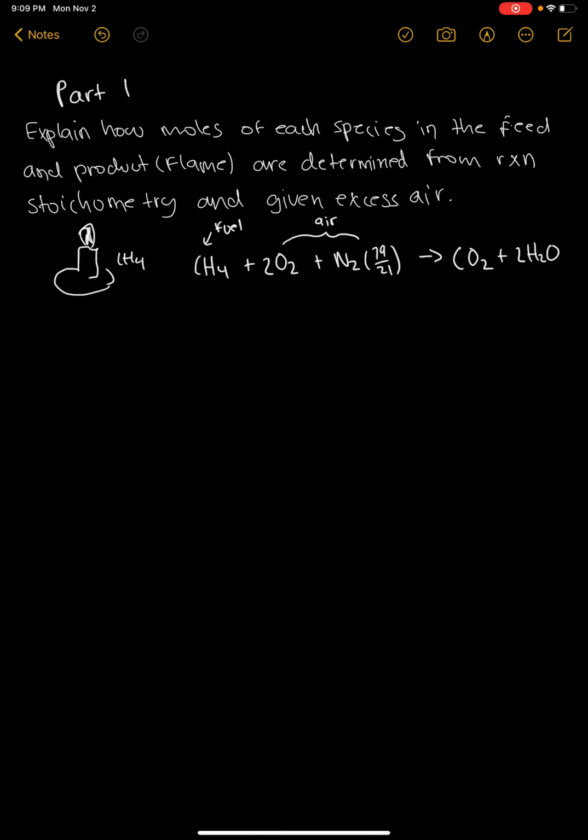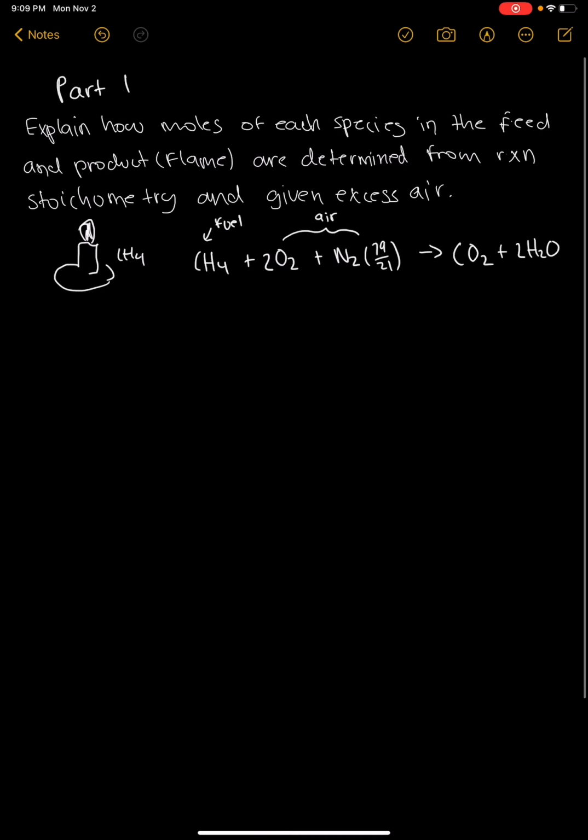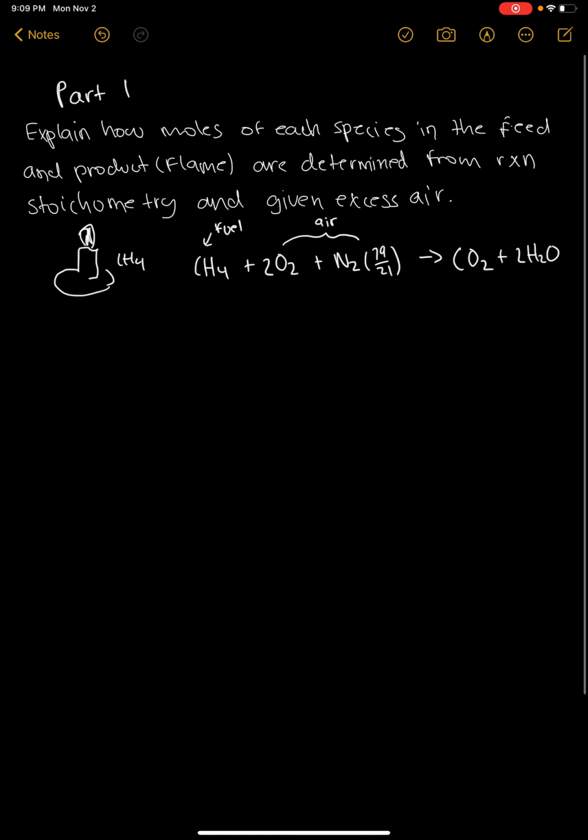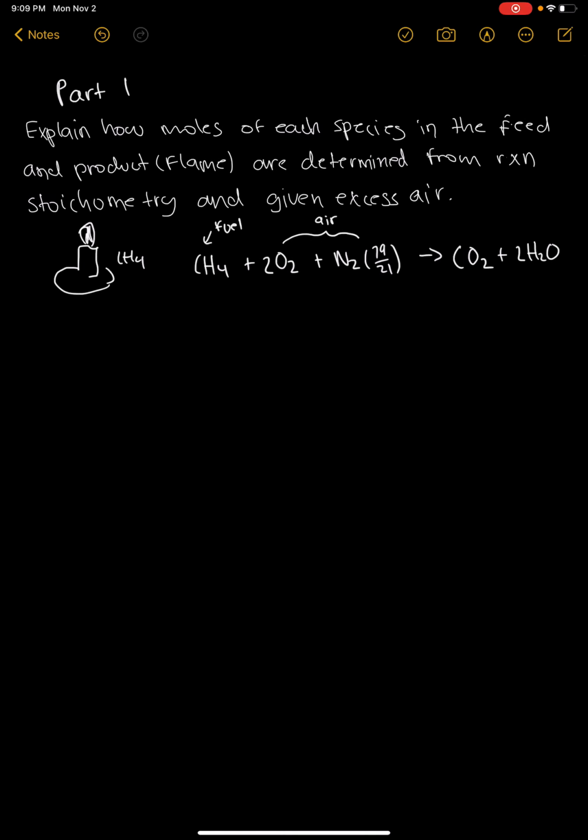Alright, and the next step is let's look at the question. We have to determine how many moles of each species go into the feed and the product. Alright, so what we can do is write out our species.